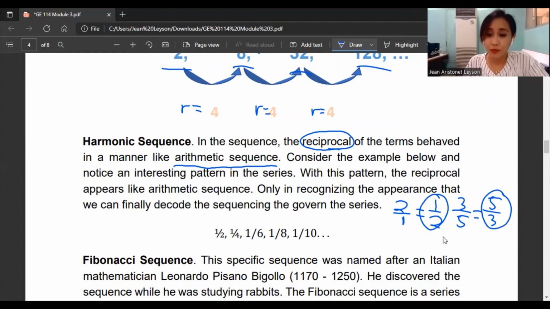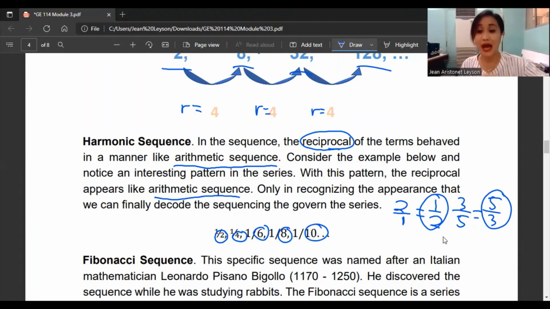Now consider the example below and notice an interesting pattern in the series. With this pattern, the reciprocal appears like an arithmetic sequence. Only by recognizing the appearance can we finally decode the sequencing that governs the series. If we take a look at the denominators, that's 2, 4, 6, 8, and 10, we know that that is an arithmetic sequence.